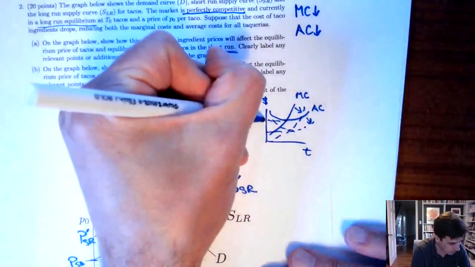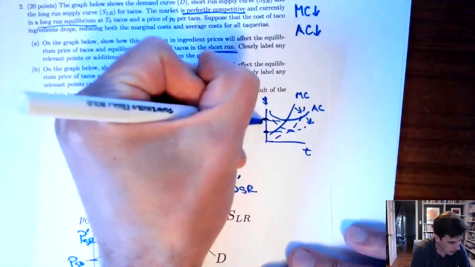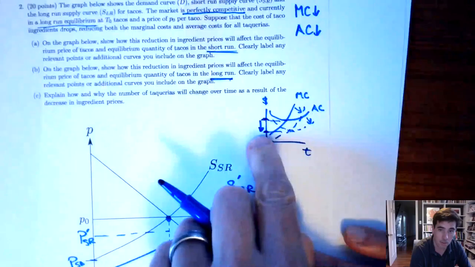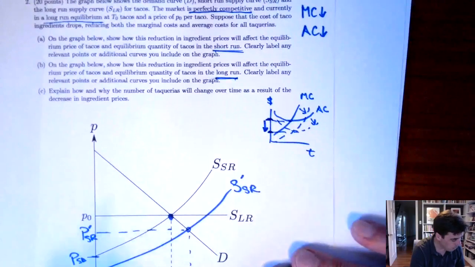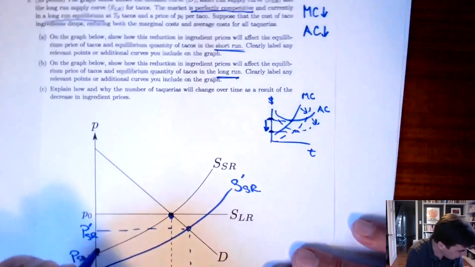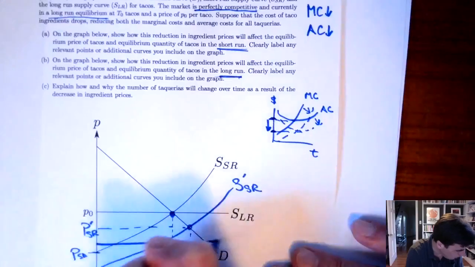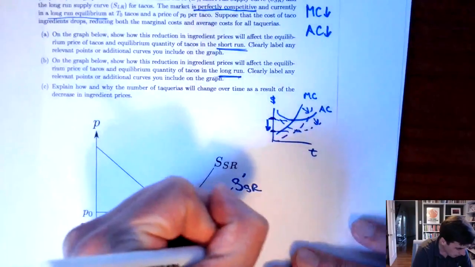All right, so this used to be the break-even price. Now the minimum of the average cost curve is lower, so we have a lower break-even price. And so what I'm going to do is draw in a new long-run supply curve that corresponds to that lower break-even price. So it's still going to be horizontal, still going to be at a break-even price.